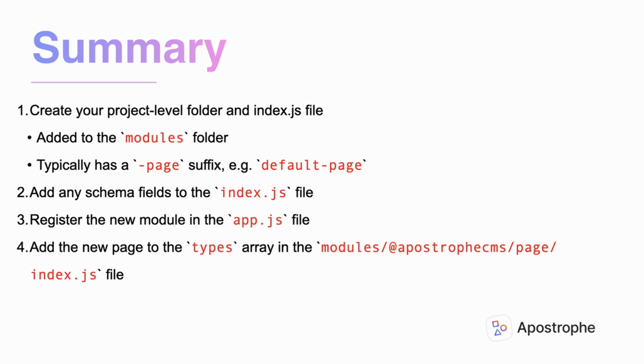Again, you can go to the documentation, see what those schema types are, and see what other things you can configure as far as methods and handlers. In the backend, you also have to register it in your app.js. Finally, you have to put your new page into the types array in the @apostrophecms/page module at project level.